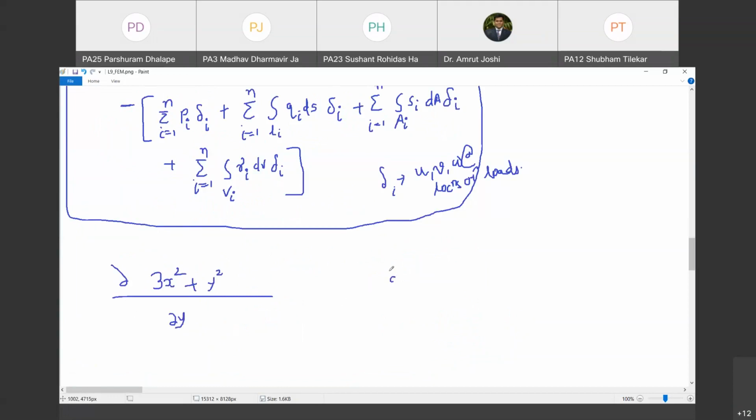But if I ask you to take derivative of 3x square plus y square with reference to 3x plus 2y, now there is a complication. You will have to do substitution and all those things. Are you able to understand this?